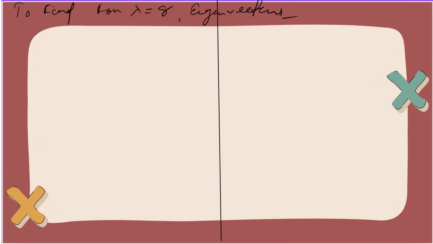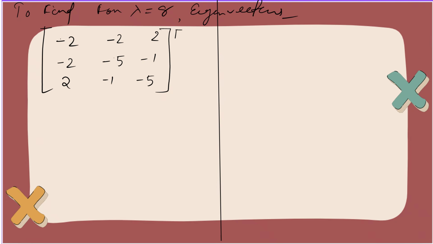So that equation looks like minus 2, minus 2, 2, minus 2, minus 5, minus 1, 2, minus 1, minus 5 into x1, x2, x3, which is equal to 0, 0, 0.